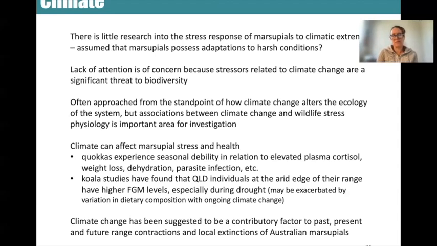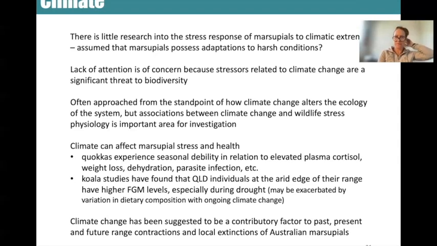I think this lack of attention is a bit concerning, because stresses related to climate change are a significant threat to biodiversity, and often approached from the standpoint of how climate change alters the ecology of the system. But there's a lack of attention about associations between climate change and wildlife stress physiology in individuals.